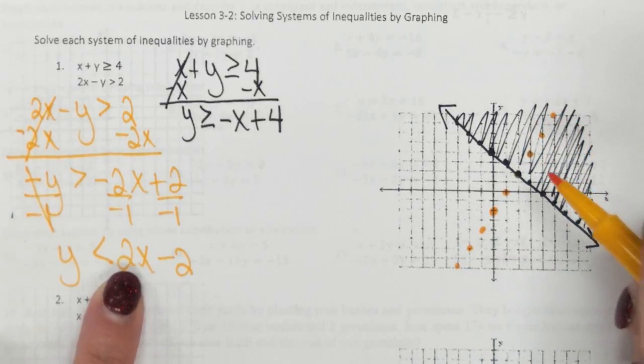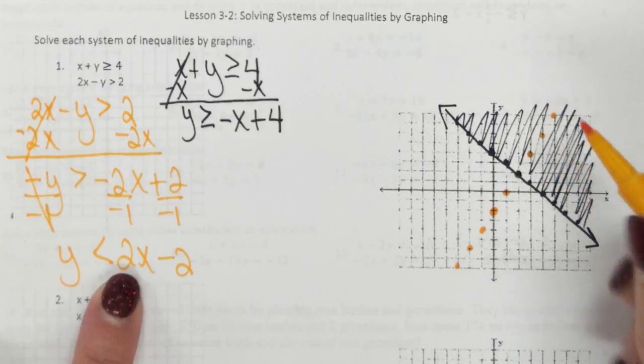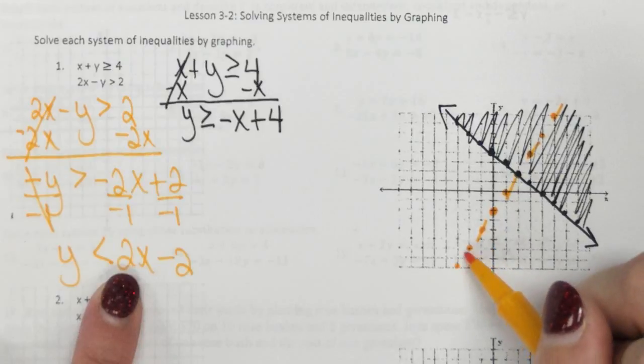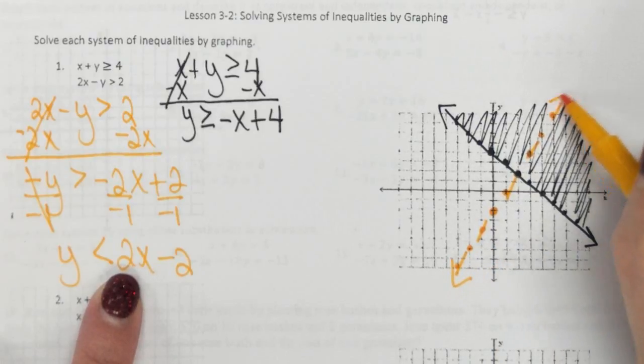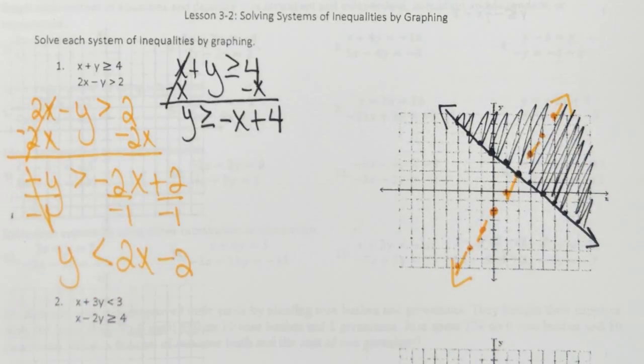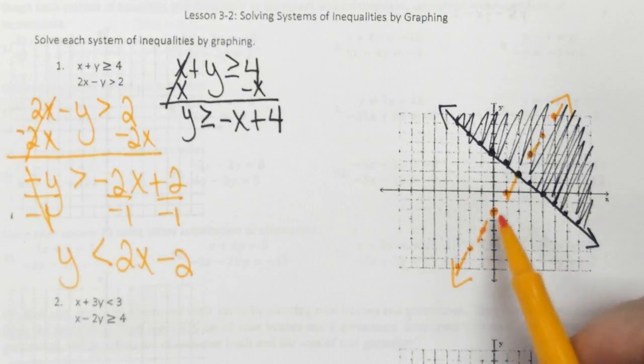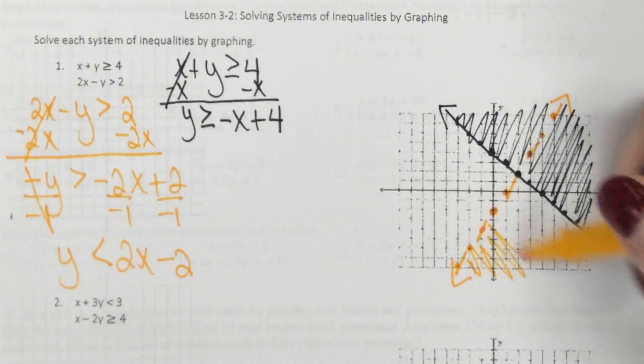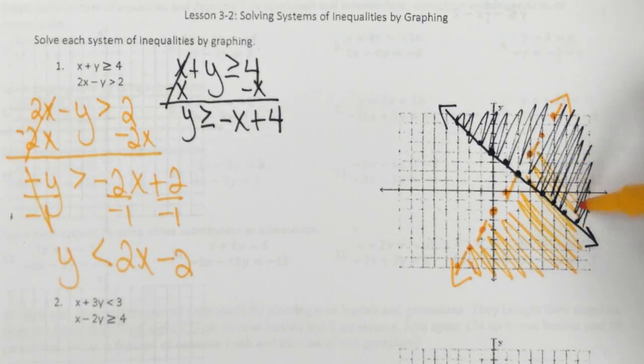Solid line, or closed line, or dotted line? Dotted, very good. And where is this guy? Where's the yellow one going to shade? Below it.